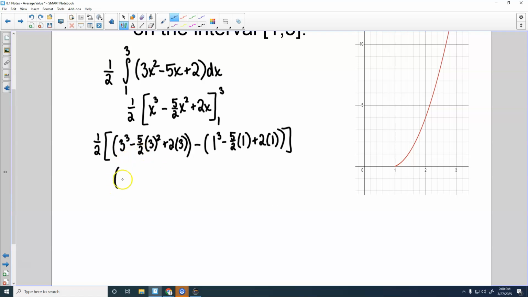So 27, this is going to be 9 times 5/2, so that's going to be 45 over 2, plus 6, minus 1 minus 5/2 plus 2.